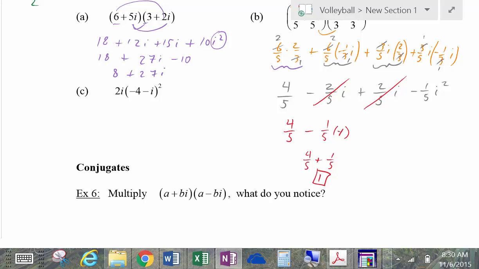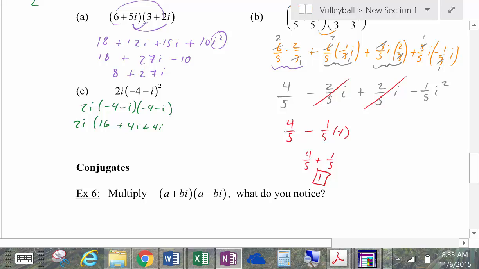All right, how would you guys go about doing part C? All right, try part C by yourself. So what did you do first? Okay, so hopefully you didn't distribute your exponent, but you FOILed. 2i times positive 16 plus 4i plus 4i.